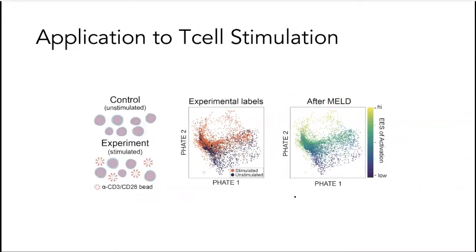And if you look back at this T-cell stimulation experiment, you have this kind of mixed cell state. Here we have this likelihood score coloring. And when you do the likelihood score coloring, you can threshold to cell types that are very different between the two manifolds, and then you can study what's happening.